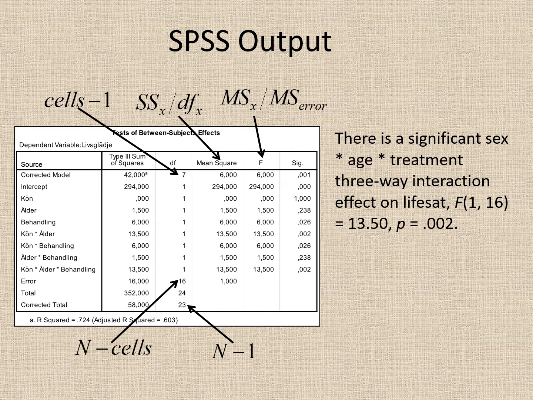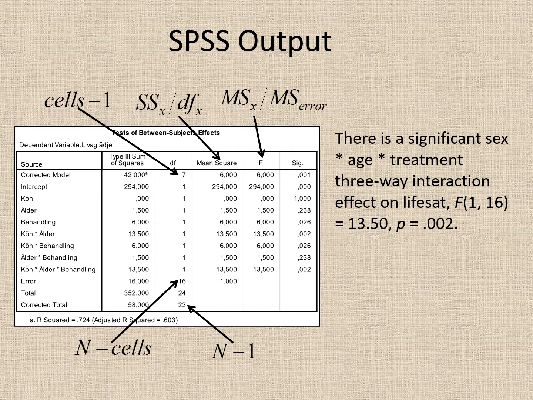Okay. So in this case we have a significant three-way interaction between sex, age, and treatment. How would we continue? Well, we could, for instance, split the file, have a look at the interaction between age and treatment separately for men and women, or maybe the interaction between sex and treatment separately for younger and older patients.